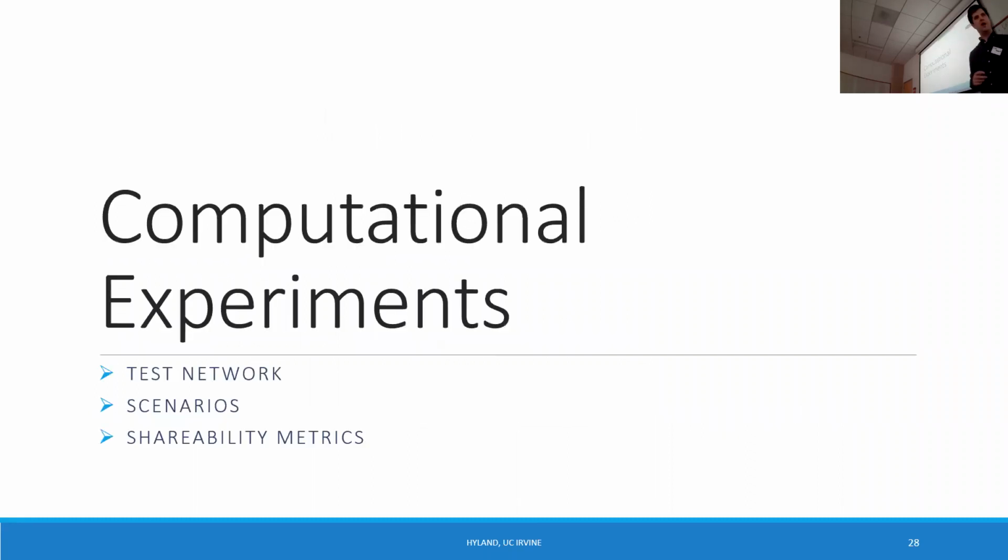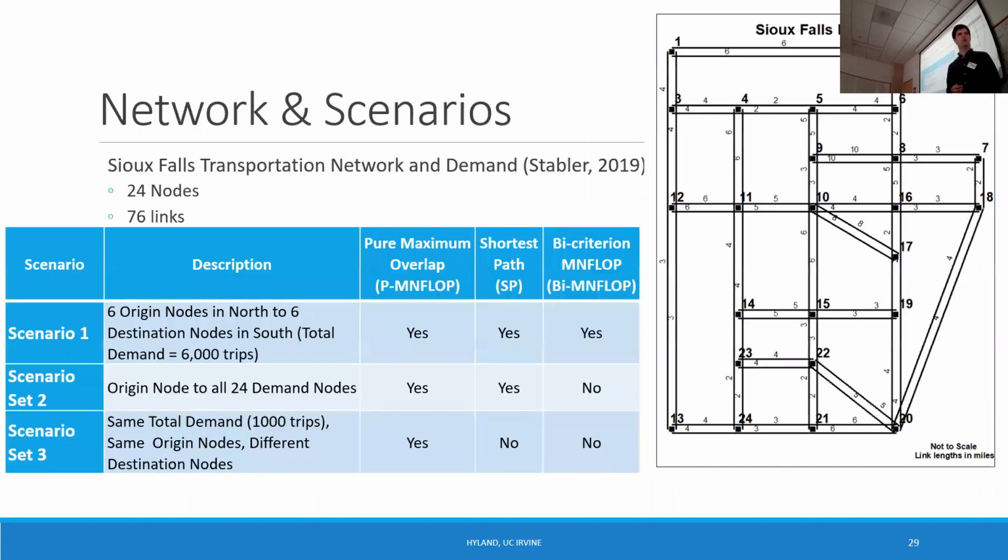Okay, so we have the formulation. We're going to plug it into the solver, and we're going to use the Sioux Falls network as our case study. We're creating 3 different sets of scenarios. In scenario 1, we have 6 origin nodes in the north of the Sioux Falls network and 6 destination nodes in the south. Solve the problem and see how much overlap there is.